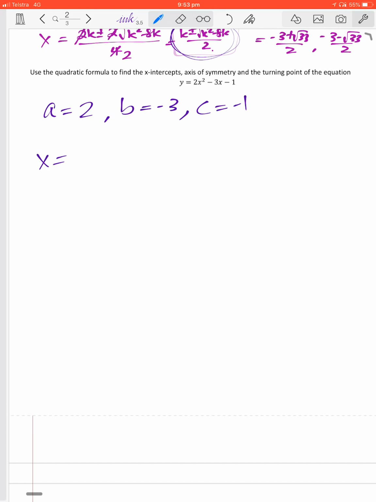X is -b, so 3 plus or minus the square root of -3 squared, minus 4 times a, which is 2, times c, which is -1, all on 2a, which is 2 times 2.